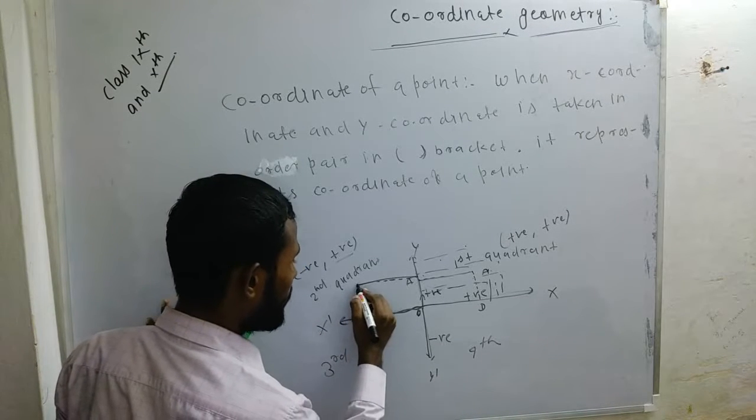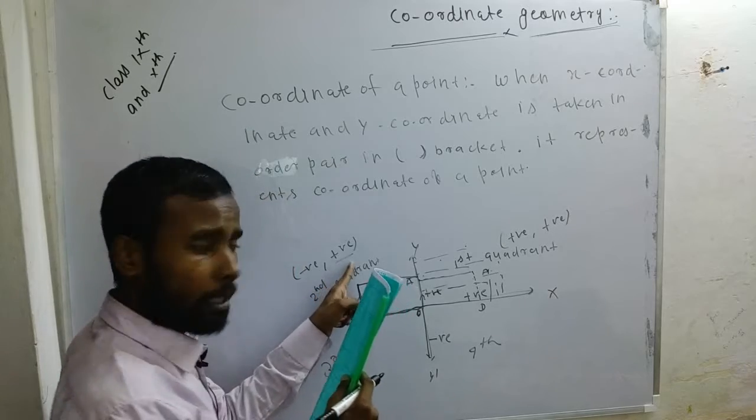So in the second quadrant the y coordinate is always taken positive.